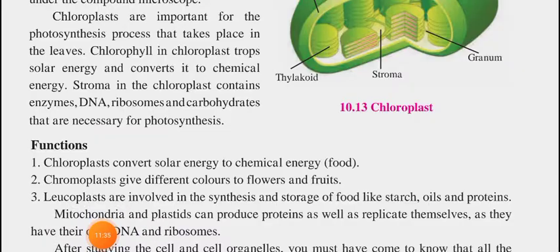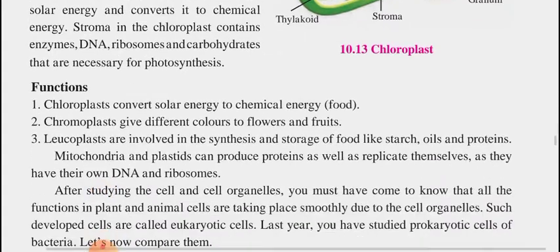So we can say chloroplasts are important for the photosynthesis process that takes place in the leaves. Chlorophyll in chloroplast absorbs solar energy and converts it into chemical energy. Stroma in the chloroplast contains enzymes, DNA, ribosomes, and carbohydrates that are necessary for photosynthesis.